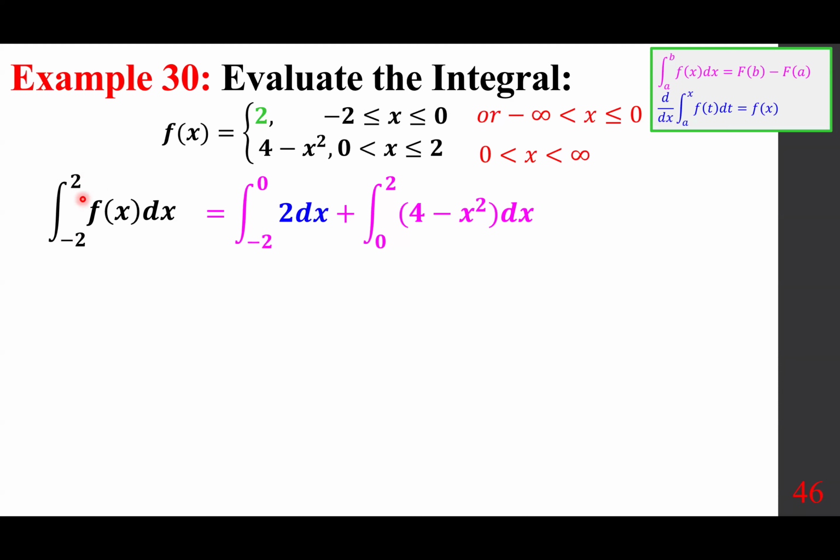So -2 to 2. From -2 to 0, we have to use this part, okay, if you happen to have it this way. All right, so this one is 2x from negative 2 to 0. This is 4x minus 1/3 x cubed from 0 to 2.